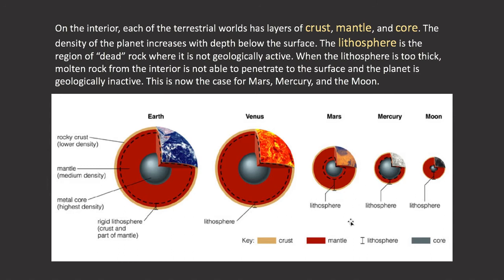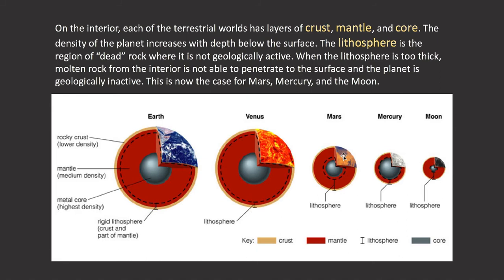So the lithosphere layer is really like a dead rock layer. It's not geologically active, and so the material from within can't make it to the surface if the lithosphere is too large, too deep.